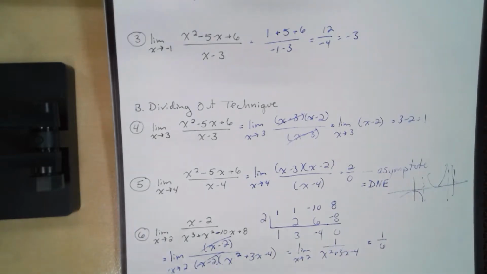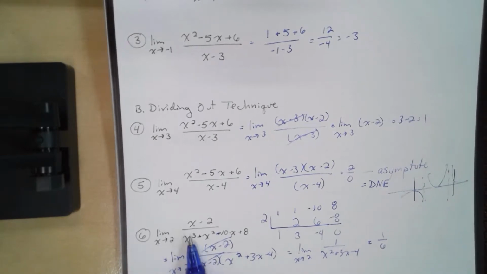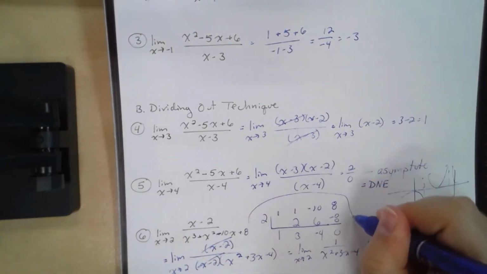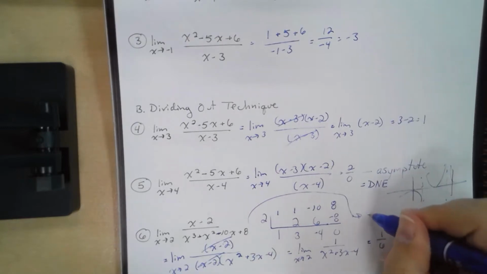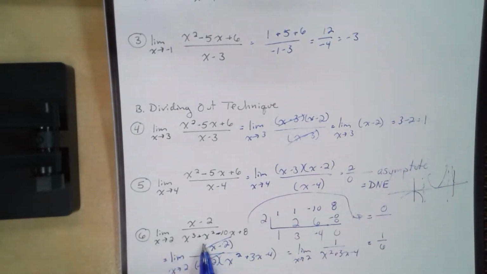Now, the reason I know that I could do this is if I initially had substituted in here and I had 2, I would have 0. If I'm going to kind of draw a line here. If I substitute in here, I'm going to get 0 over, this is going to be 8 plus 4 is 12 minus 20 plus 8.